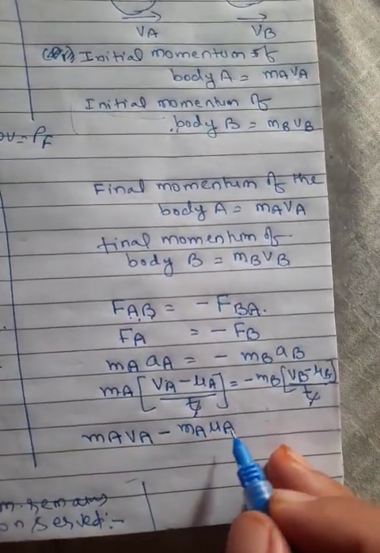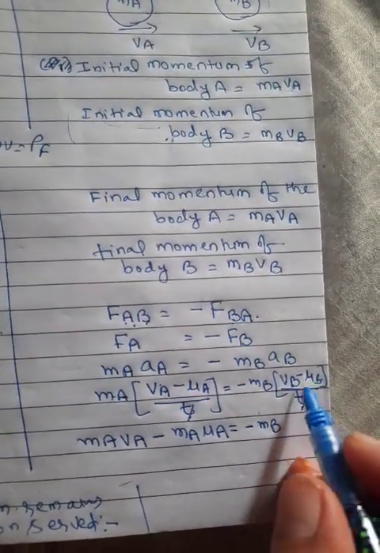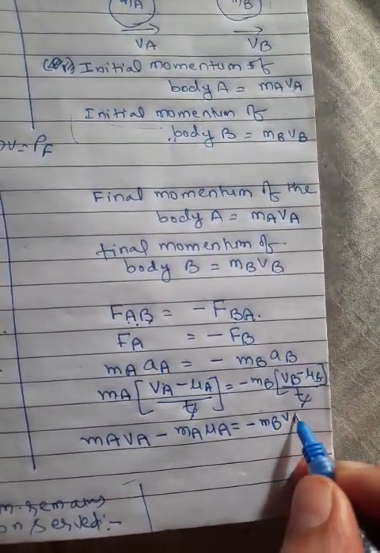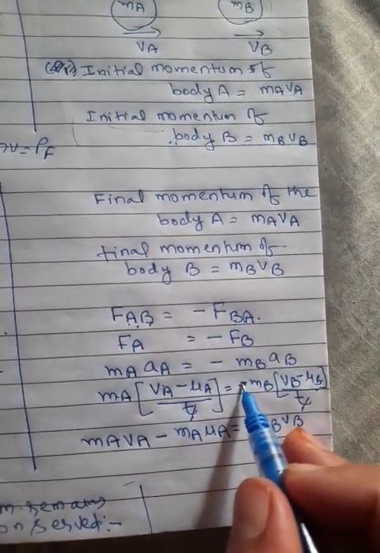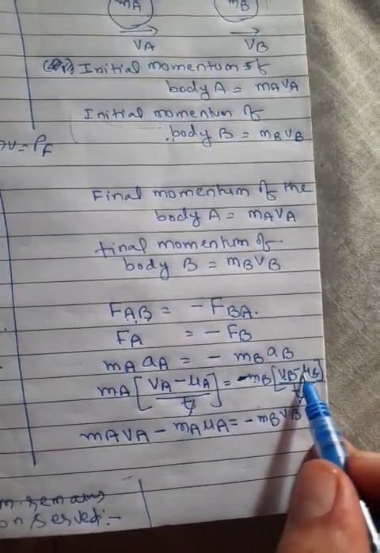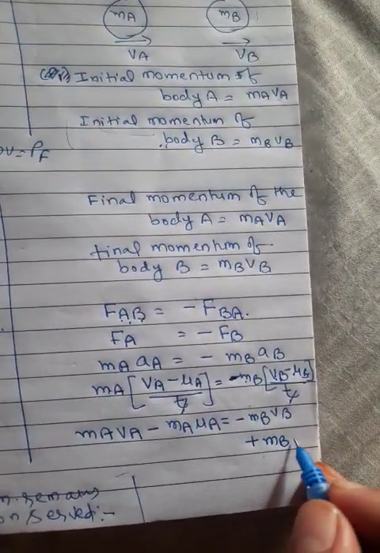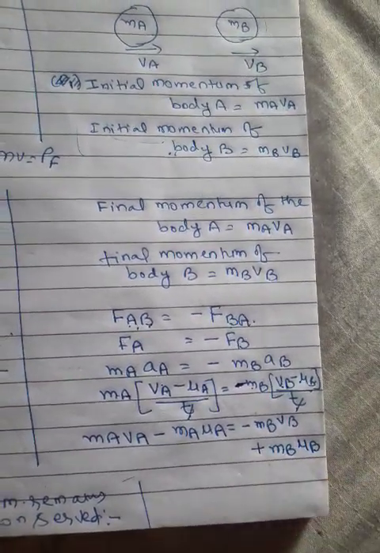Okay or not okay? Same thing we will do here, MB minus VB. Minus sign is already here. See student, minus MB VB, so minus minus plus, so plus MB UB. Okay or not okay?